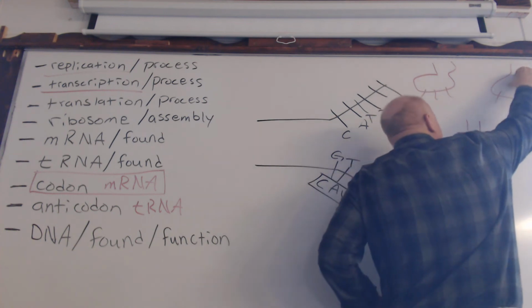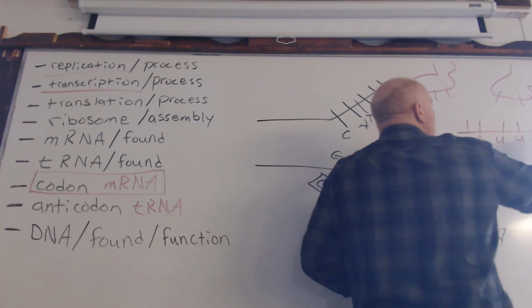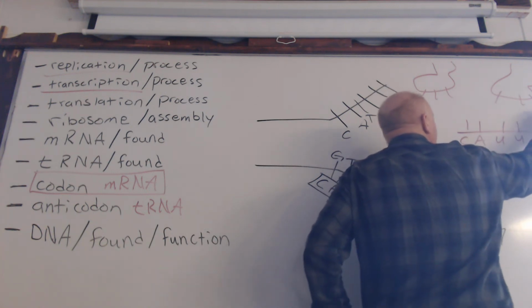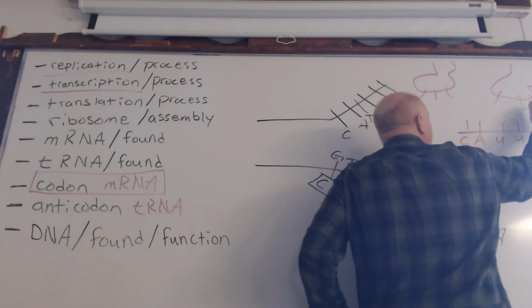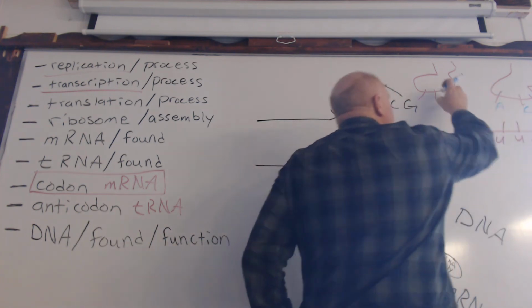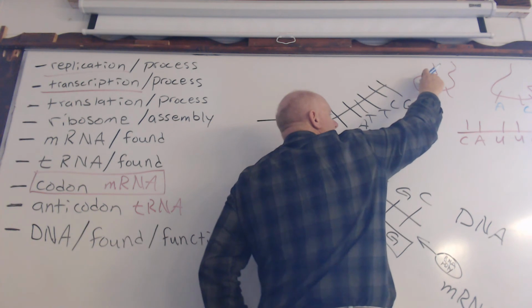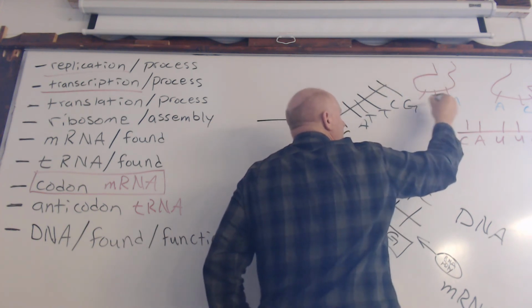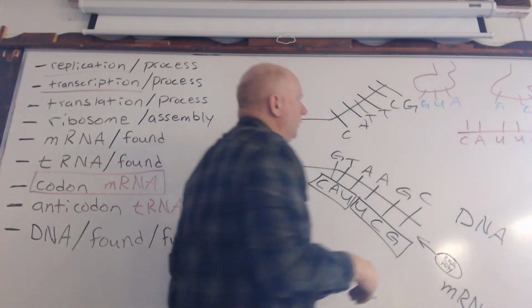So if this is transfer RNA, what are the 3 nucleotides we'd put here? Okay? And if this was another anticodon of transfer RNA, what would that be?